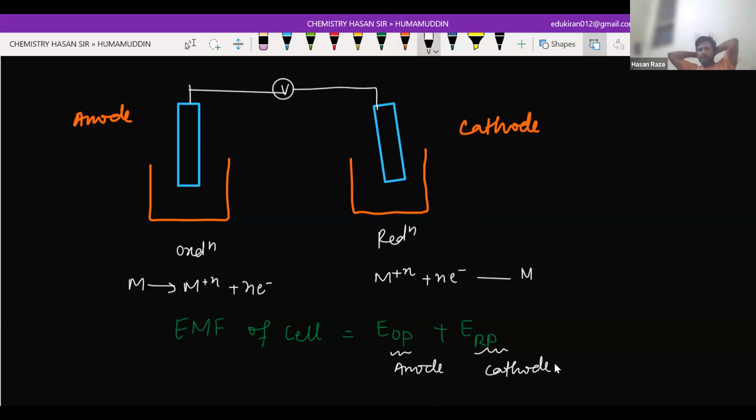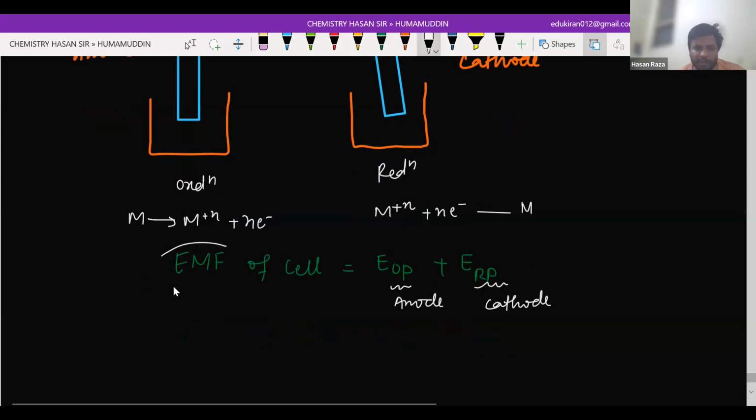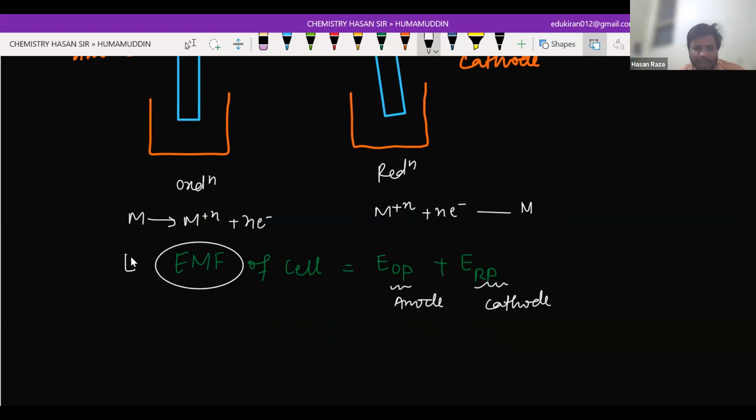Since the reduction potential is directly occurring on the right hand side and oxidation potential directly occurring on the left hand side, and if you remember, we are talking about E, electrode potential, so we have to change this oxidation potential into reduction potential. Are you getting my point? When we talk about E, just write it first, then I will tell you.